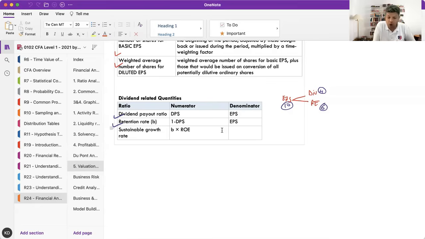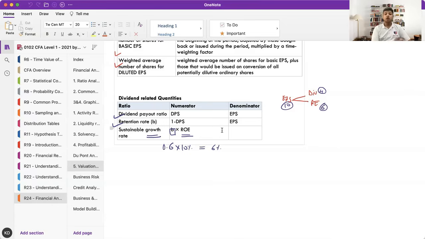So at what rate will the company grow? That is a factor of retention ratio times ROE. So if I have retained here $6, and the company generates a return for equity shareholders, let's say my retention ratio is 60%, and the company generates a return on this amount at 10%, I will say my company will grow at 6%.